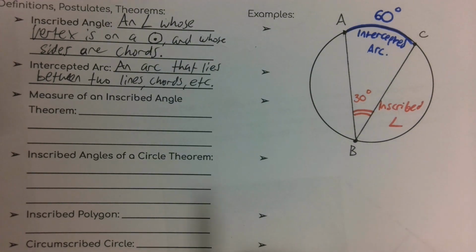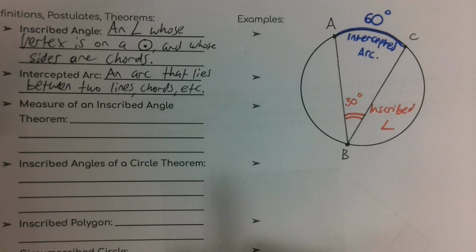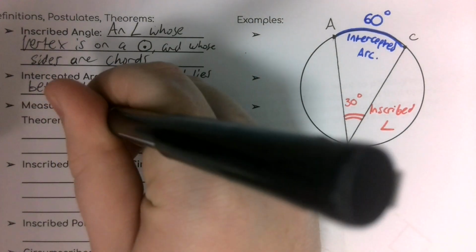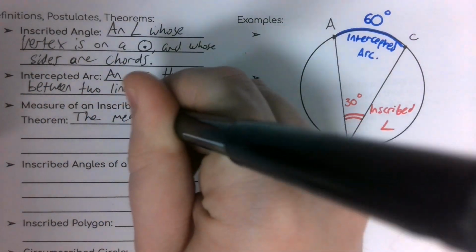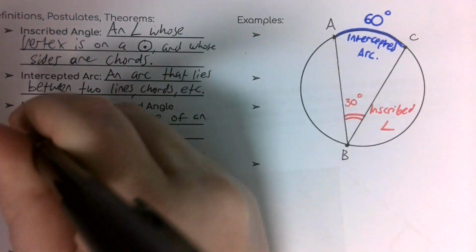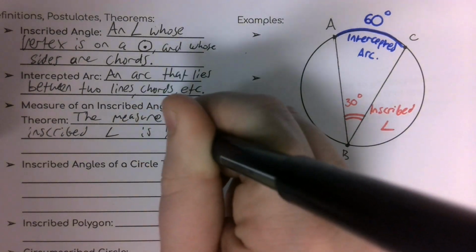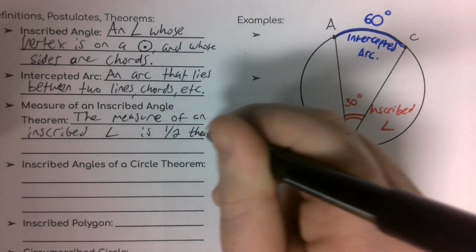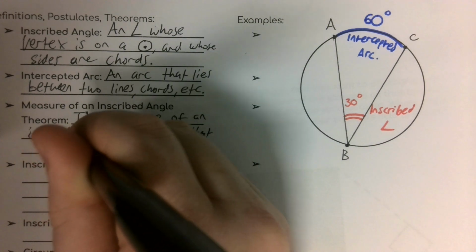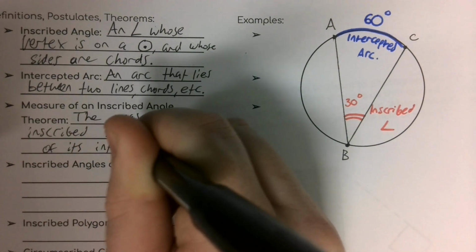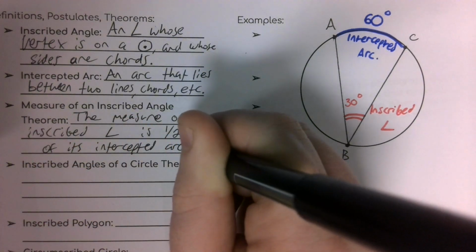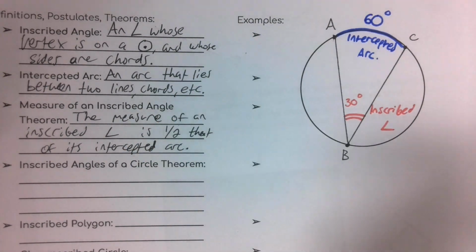The measure of an inscribed angle theorem says this: the measure of an inscribed angle is 1/2 that of its intercepted arc. Perfect.